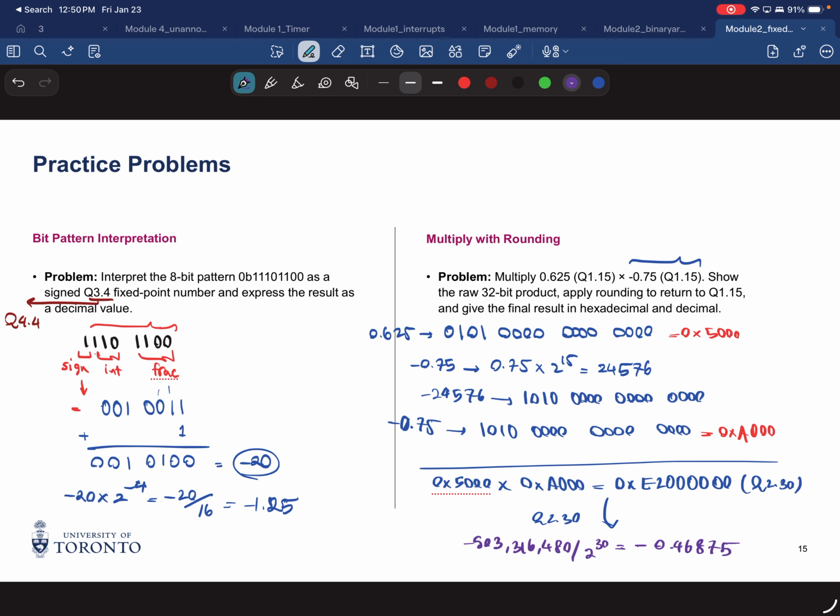So now let us do this multiplication in decimal. 625 minus 75. So always do that so you know what you should be expecting, and then it gives you an idea if the interpretation or the binary calculation you did was right or not. 46,875. So we got the right answer.